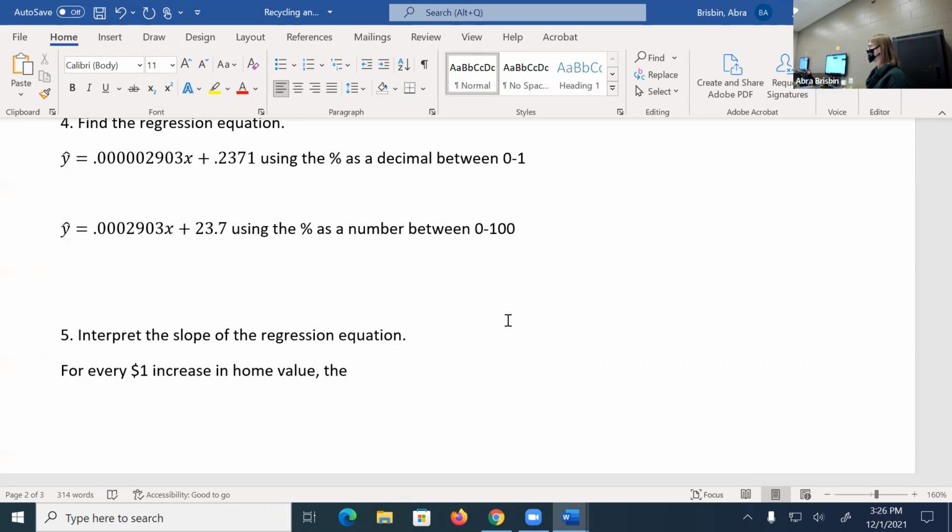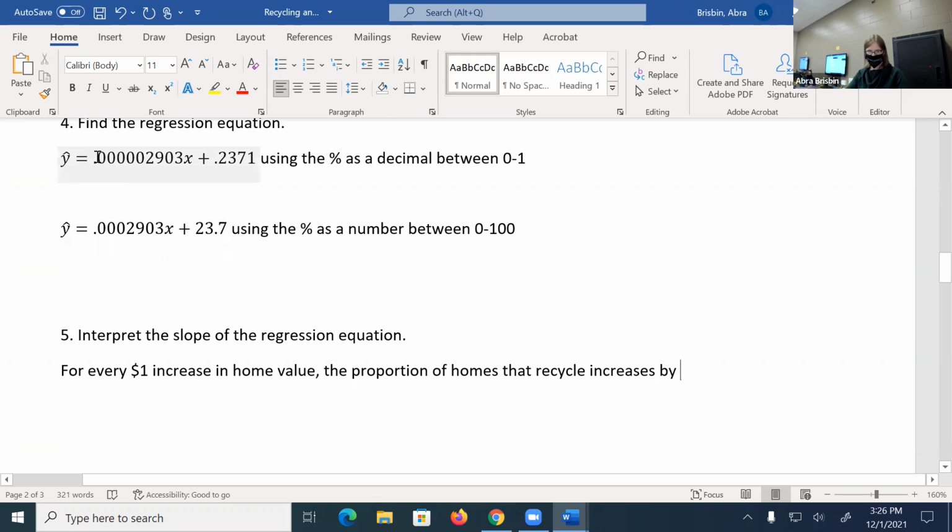So if we do this in terms of the decimal, let's call this the proportion to try to make it more clear that this is between 0 and 1. The proportion of homes that recycle increases by the slope amount.